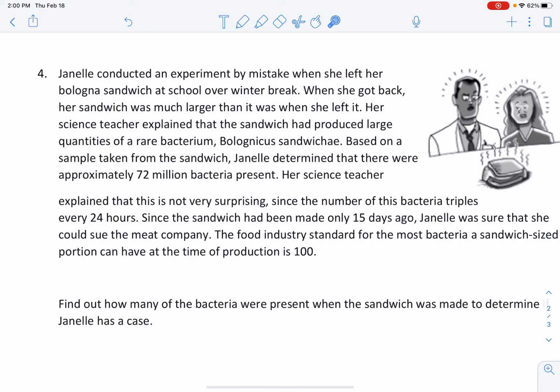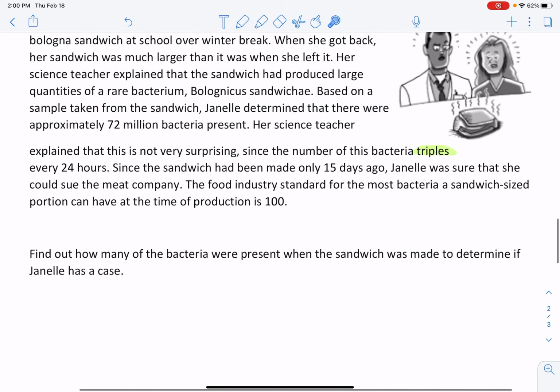Her science teacher explained that this is not very surprising since the number of bacteria triples, I'm going to highlight that, triples every 24 hours. Since the sandwich had been made only 15 days ago, Janelle was sure that she could sue the meat company. The food industry standard for the most bacteria a sandwich-sized portion can have at the time of production is 100. So find out how many bacteria were present when the sandwich was made.